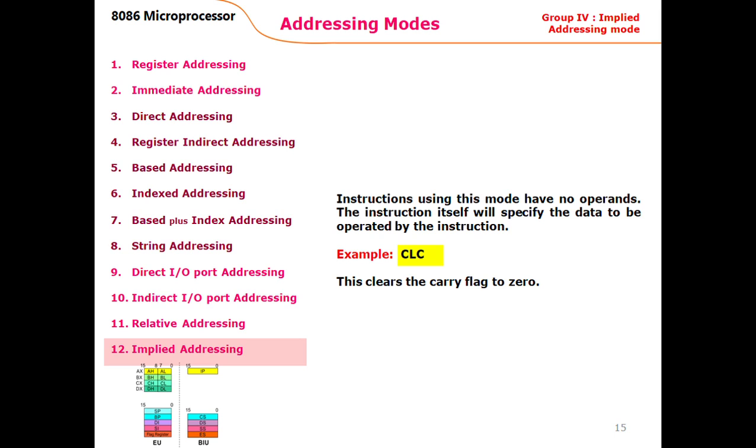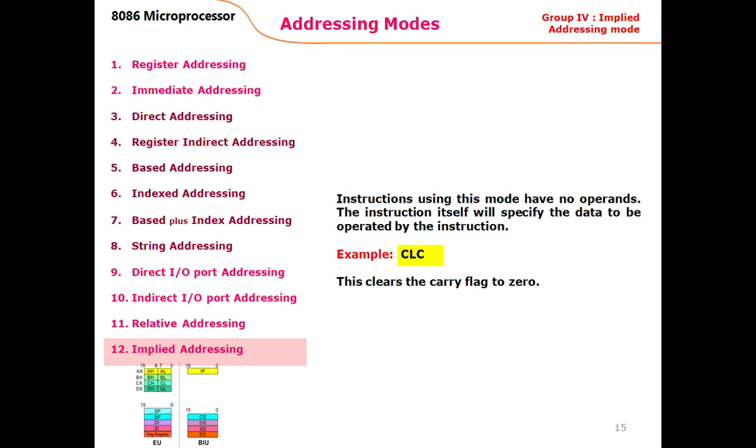So the address is not part of the instruction. It is hidden in the instruction. So instructions using this mode have no operands. The instruction itself will specify the data to be operated on by the instruction.